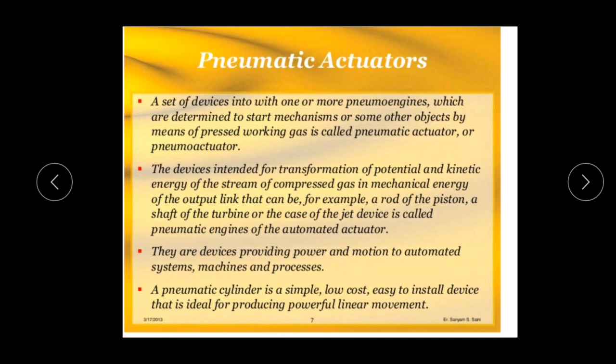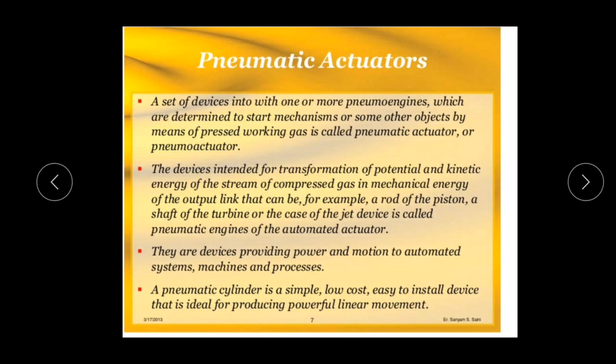Okay, dear students, the device is intended for transmission of potential and kinetic energy of the stream of compressed gas into the mechanical energy of the output link, that can be, for example, a rod of the piston, a shaft of the turbine, or the case of the jet device, and is called a pneumatic engine of the automated actuator.